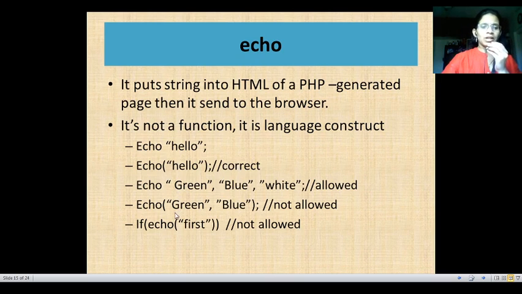You can display multiple values at once with the help of echo. Just write these values in double quotes and separate them by a comma. This is allowed in PHP, but it's not allowed when you are enclosing them in brackets. You can't use echo in an expression. You can't use it in an if to check a condition because it is not a function. This is a construct.